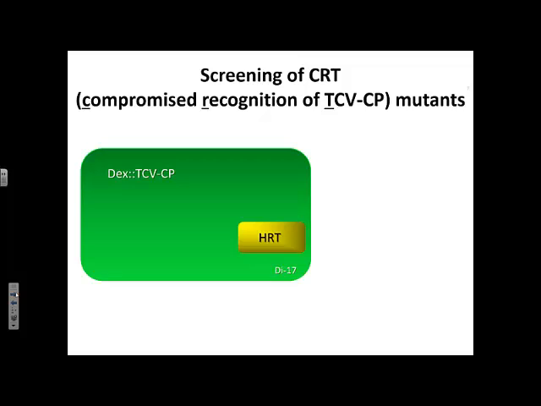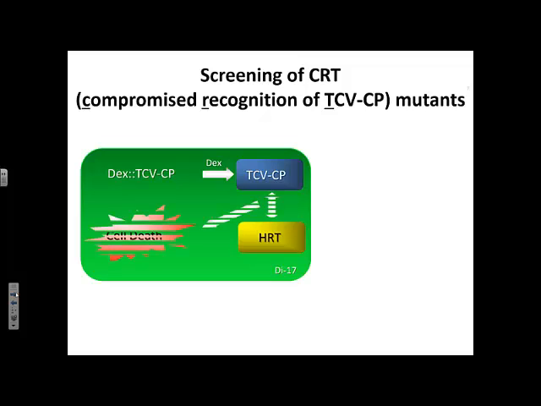Upon inducer treatment, the CP will be induced and expressed, and there will be an interaction between this and HRT that will drive cell death. So we are looking for a mutation that blocks this, because obviously the ones that don't have an impact on this particular process will die, and the ones that we are interested in will survive. So that will be an easy genetic screening.